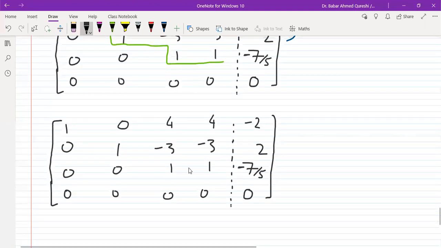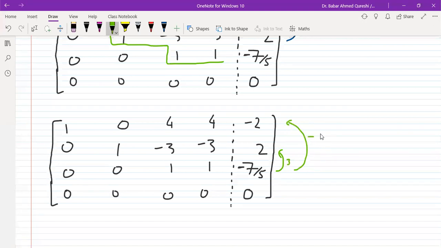Now I move to the next row over here. Take this guy and make things above it 0. So what I need is 3 times this added above and -4 times this added above.